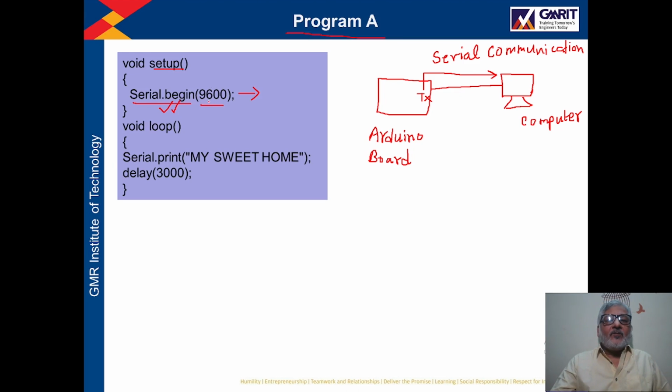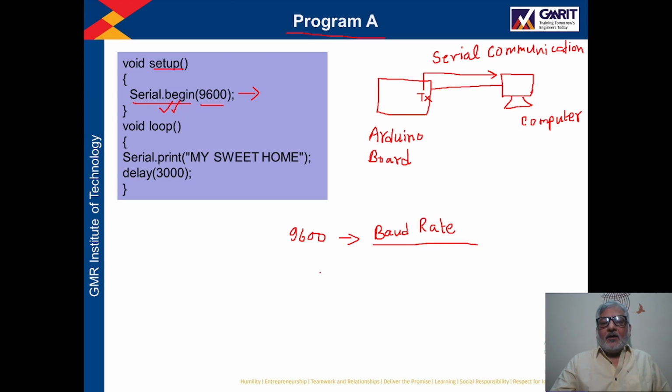After writing Serial.begin, in the brackets we have written 9600. This is the baud rate of serial data transmission.